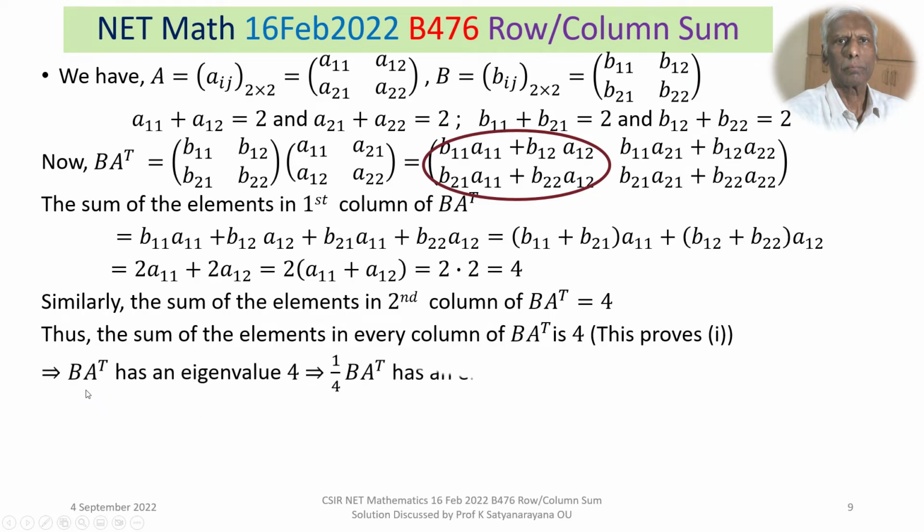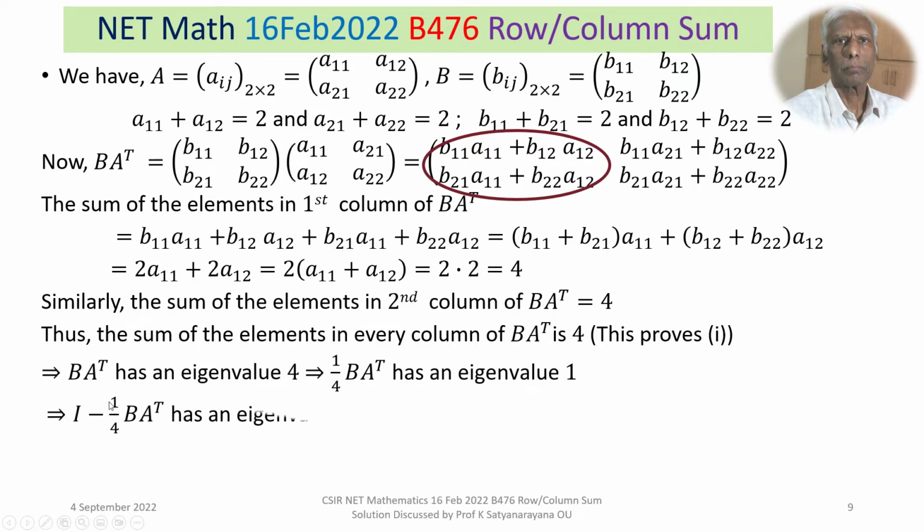Now, BA transpose has an eigenvalue 4. Why? The column sum of every column of BA transpose is 4, and we have a result which says that BA transpose has an eigenvalue 4. Then 1/4 of BA transpose has an eigenvalue of 1, 1 by 4 times 4, that is 1.